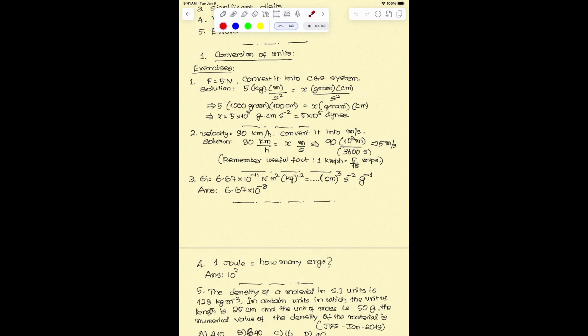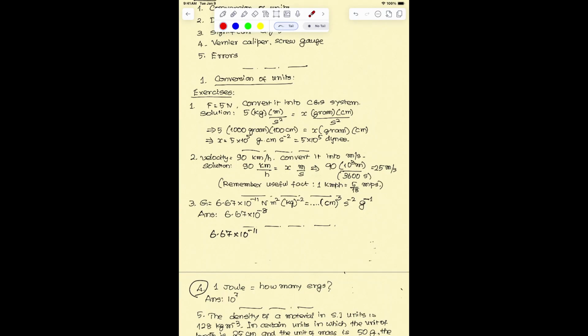Now go to the second kind of example. Let's take velocity. If it is 90 kilometer per hour, convert it into meter per second. How do you do that? Same way. Write it as 90 kilometer per hour equal to x meter per second. As I said, we have to cancel the units on the left hand side and right hand side.